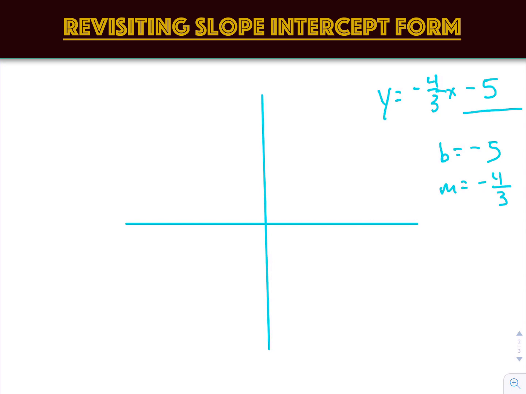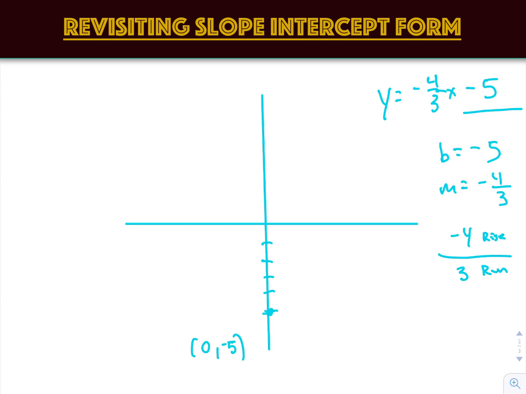So if my y-intercept is negative 5, that means I'm starting at 0, negative 5. I have a slope of negative 4/3, which means my rise is negative 4. I'm decreasing 4 vertically on the y-axis for every 3 I'm running, or increasing by 3.